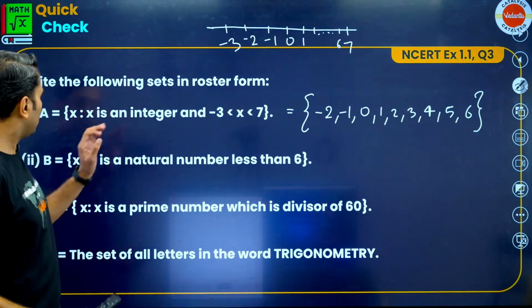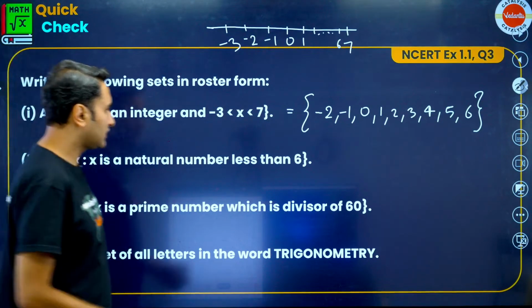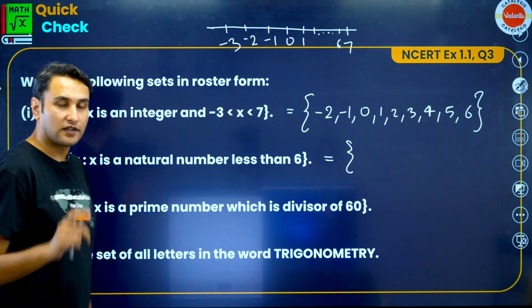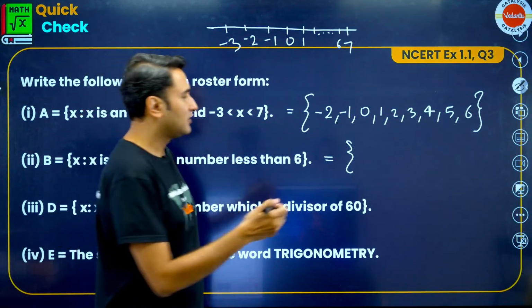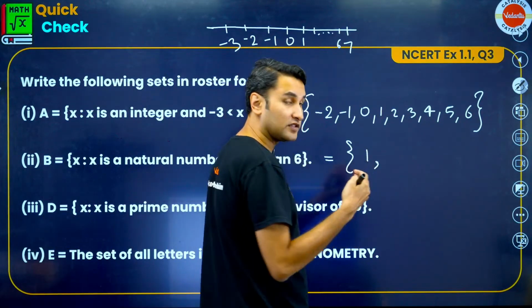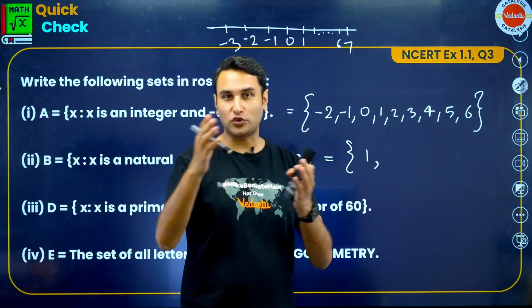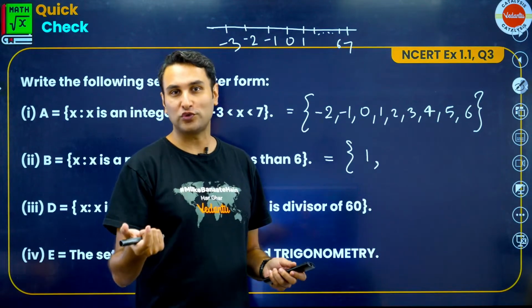Simple. B, set of all X such that X is a natural number less than 6. A natural number less than 6. Remember, natural numbers start from 1. So less than 6, what are they? 1. Because natural numbers are the numbers which we see around us. 1 cow, 2 cow, right? 1 goat, 2 goat. 1 stone, 2 stone, kind of.